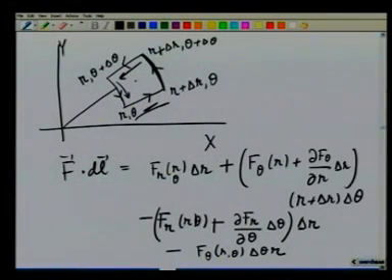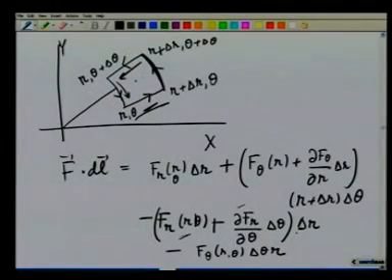You can check for yourself, these are the only linear terms. The other terms, if I really look at the other variations of these quantities, will give me second order terms, so those are higher order terms, third order in Δθ and Δr. So, I am not worrying about those. Now, you can see this will cancel with this, and similarly f_θ r Δθ will cancel with one part of this. The other part I will get is f_θ at (r, θ) Δr Δθ. So, let me just write it here, then I will take it over to the next screen.